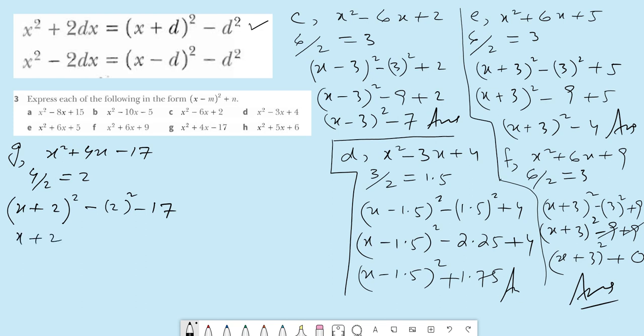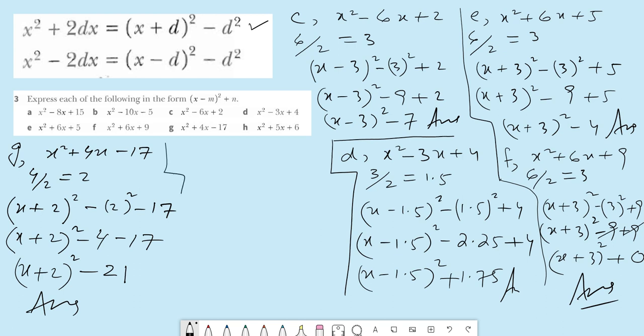So x plus 2 whole square minus 2 square is 4 minus 17. So x plus 2 whole square minus 17 minus 4 is 21. This is our final answer. x plus 2 whole square minus 21.